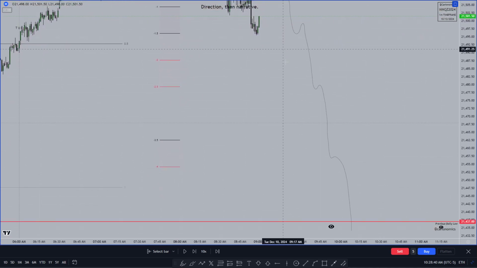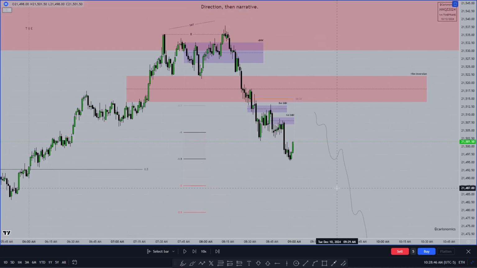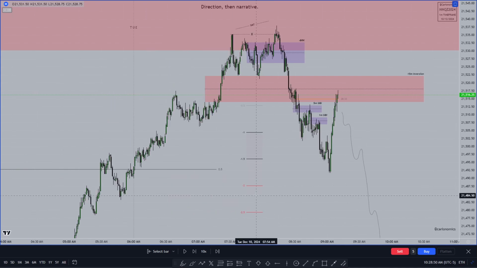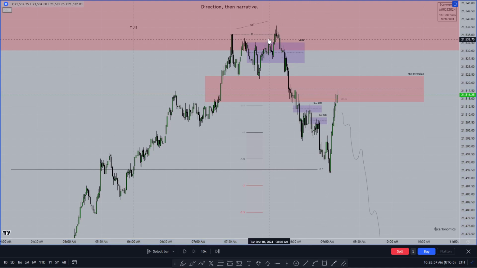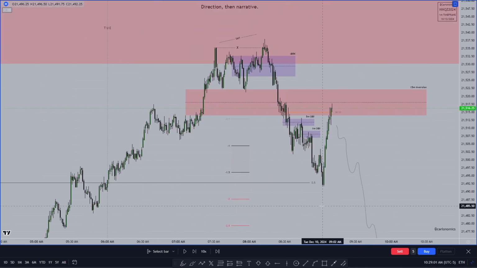And remember, my drawn liquidity was these lows. But as you can see, once we tap the 0.5 discount of this dealing range from this high to this low, we then started seeing the reaction back from discount up to premium.